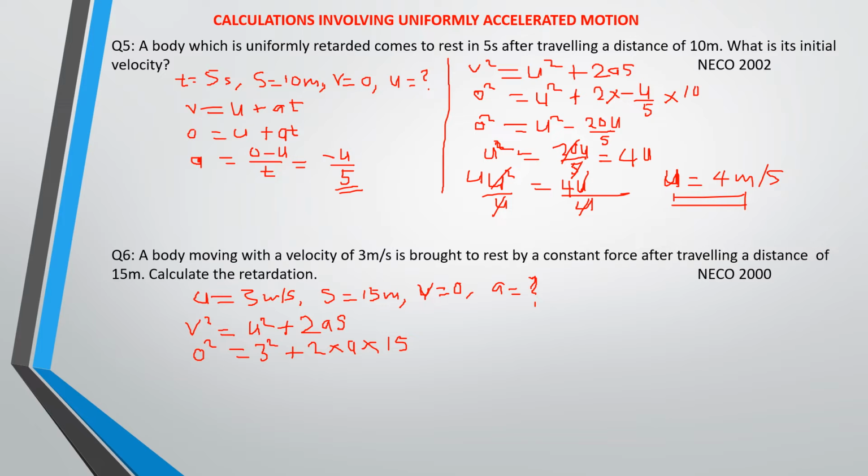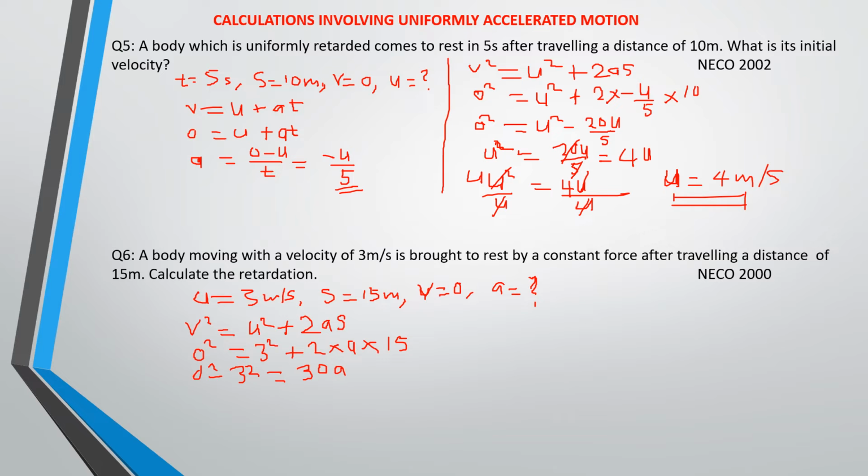So this gives you 0 squared minus 3 squared is equal to 30a.